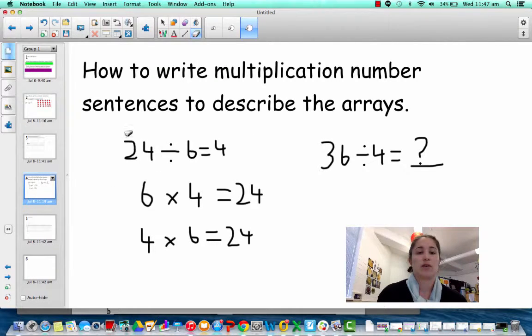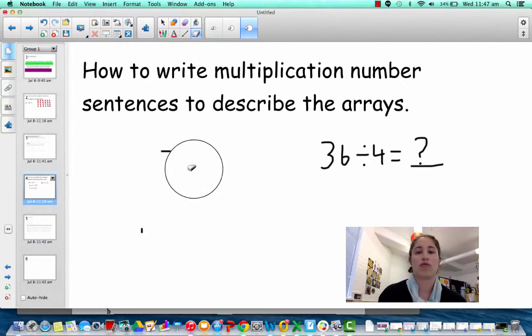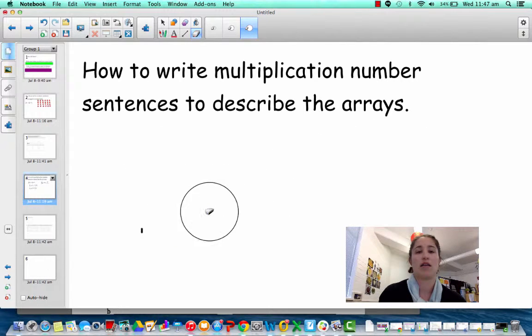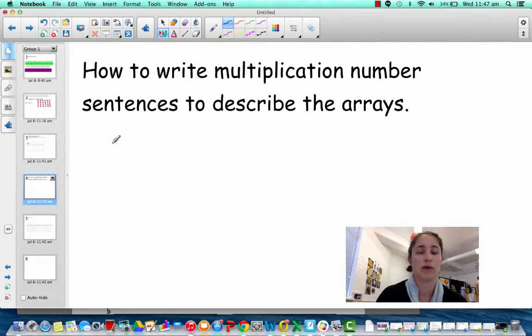The next thing we're going to do is look at how we can write multiplication number sentences. So multiplying is the opposite to division, as you know. We started with our 24 before. So 24 divided by 6 and our answer was 4.